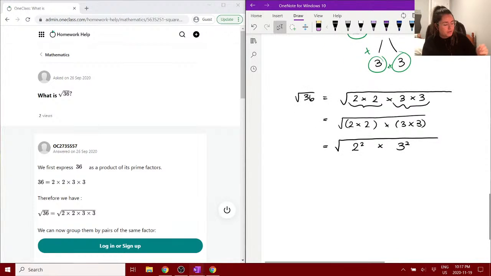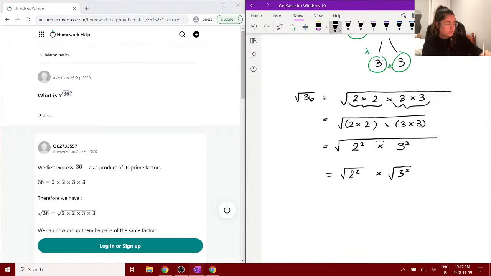And now that you have 2 squared values underneath the square root, since everything is multiplied, you can imagine separating it into 2 different values being square rooted as well.